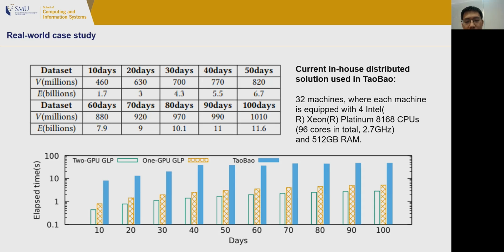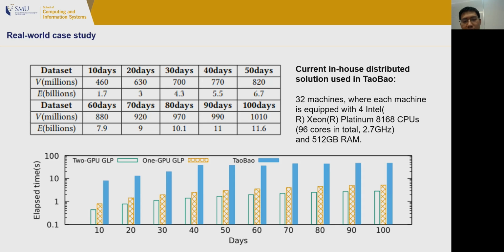We compare our proposed GLP with the current in-house distributed solution used in Taobao, which uses a cluster of 22 machines, where each machine is equipped with 4 high-end CPUs, whereas our system runs in a single machine setting, the same as the formal experiments.